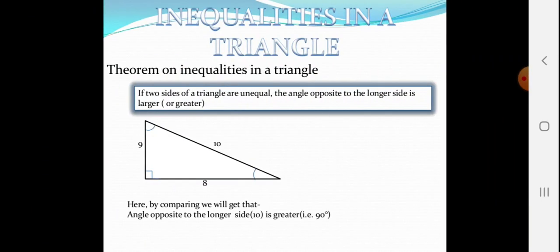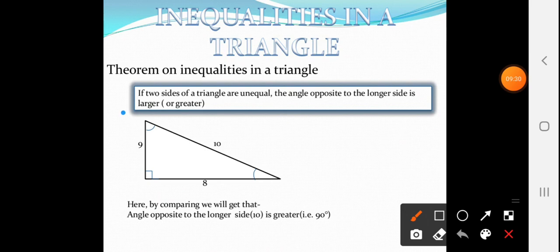Inequalities in a triangle. Theorem on inequalities in a triangle. If two sides of a triangle are unequal, that means they don't have the same measures, the angle opposite to the longer side is larger. So here you can see the side 10 is longer. Let me give names here. This is A, this is B and this is C. You can see that side AC is the longest side.